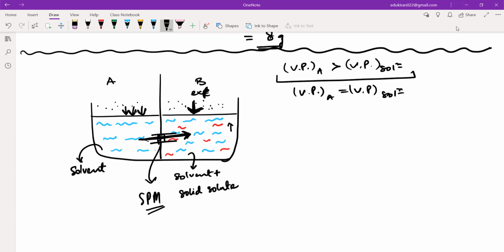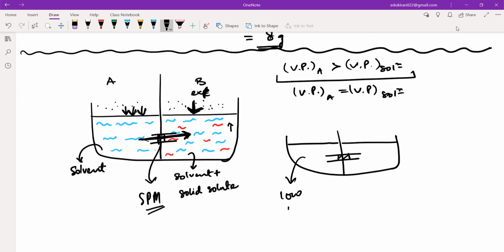Yes, sir. So see, whenever you have osmotic pressure, there will be two solutions in contact with each other through some semi-permeable membrane. One will have a low concentration of solute and one will have a high concentration of solute. Where you have low concentration of solute, the vapor pressure will be higher.